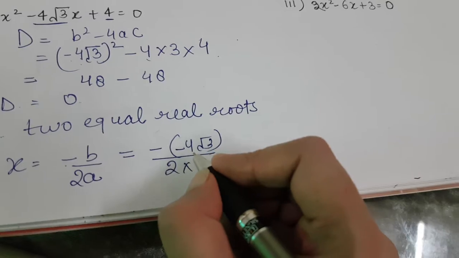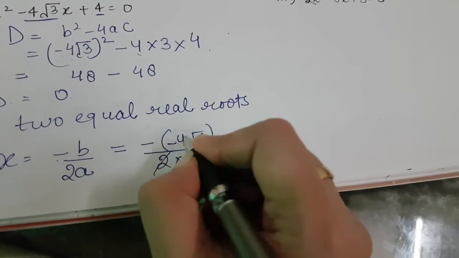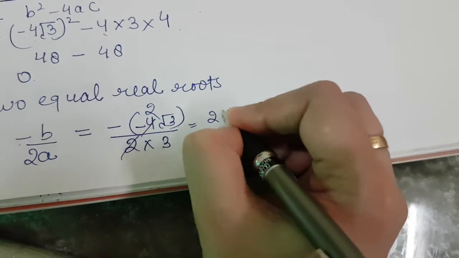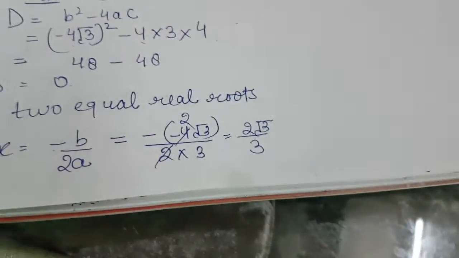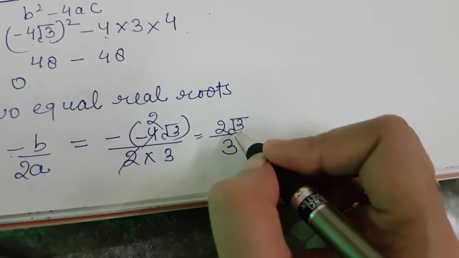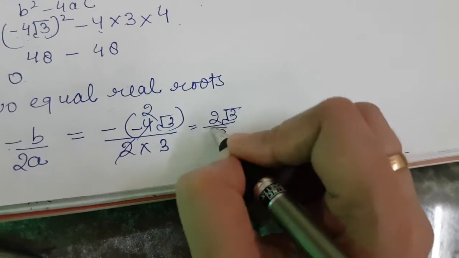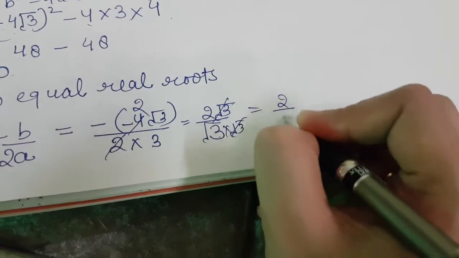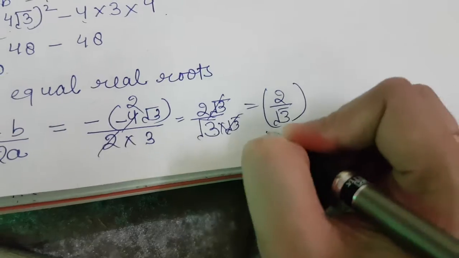So minus will be plus, and we can cut this also. So it will be 2 root 3 upon 3. You can write this also, or what can we do? This 3 can be written as root 3 into root 3. So cut. So the value of x will be 2 upon root 3. Answer.